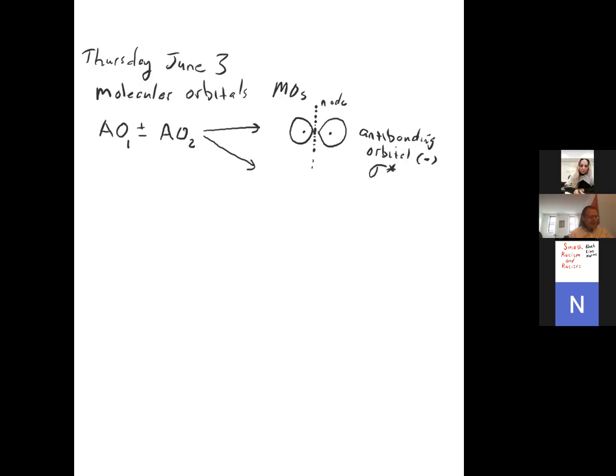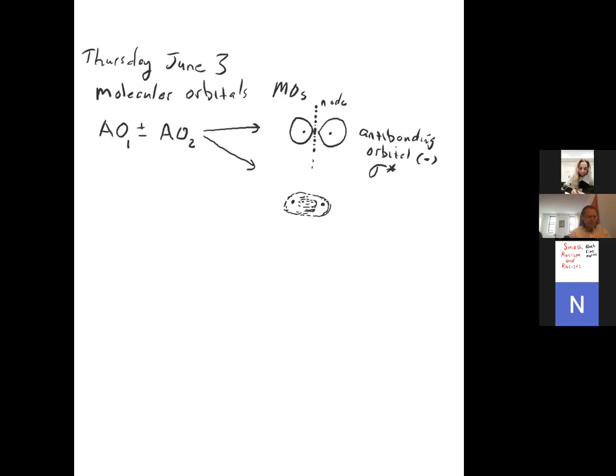Now, you also get the addition. The addition is different, though. Here's your two nuclei. Now you have a lot of electron density in between the nuclei. So here's your new orbital. There's a little bit of it out here, and a little bit out here, but it's mostly confined to in between the nuclei, and that acts like a glue.